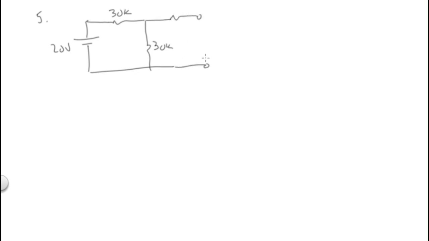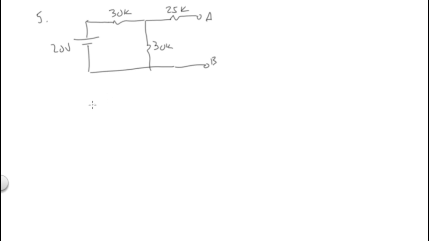So problem number 5 is 20 volts and a 30K, then a 30K over here, and then a 25K up here, and then the A-B terminals.